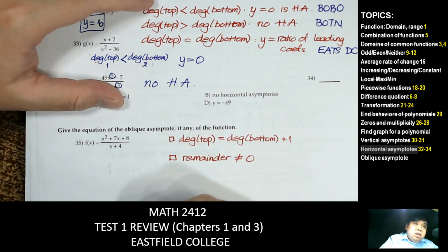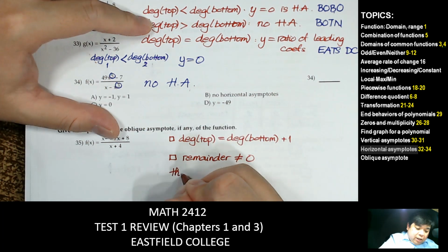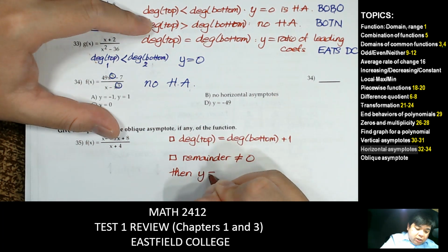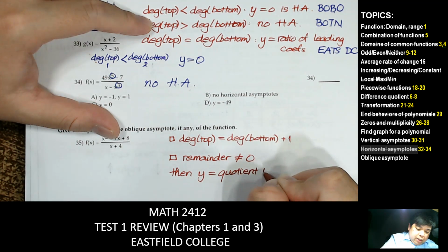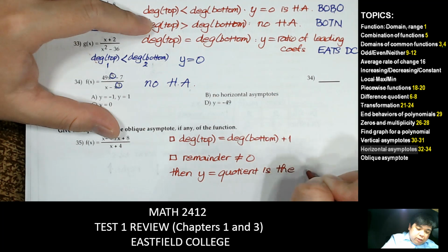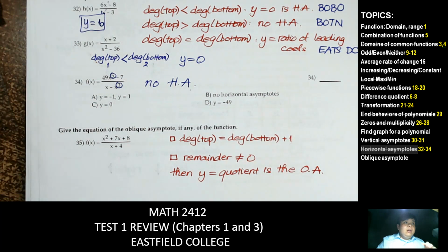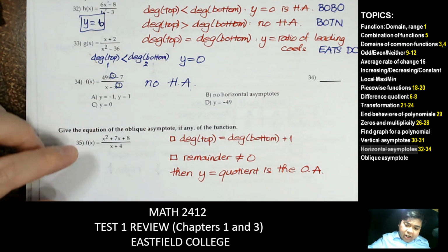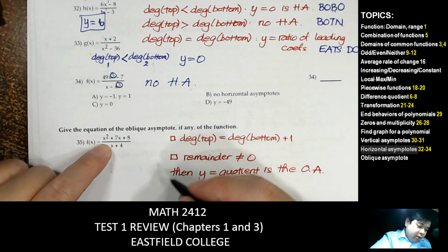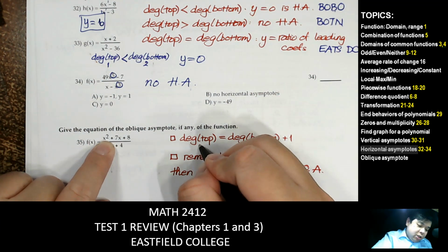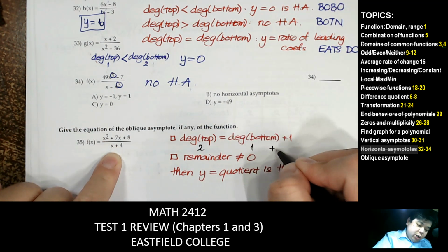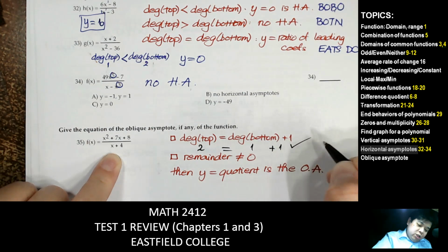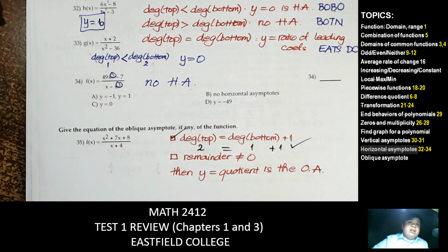When both of these are true, then y equal to the quotient is the oblique asymptote. We check quickly on this example. Degree on top is 2, degree on the bottom is 1, and 2 equals 1 plus 1, which is true. So that's one check.